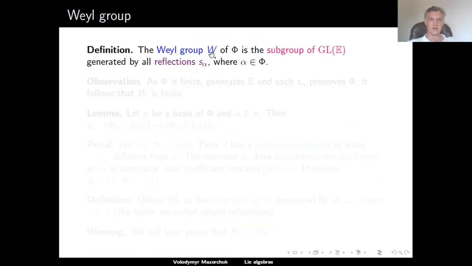The Weyl group W of our root system phi is defined as a subgroup of the general linear group of our vector space E, which is generated by all reflections s alpha, where alpha is a root.